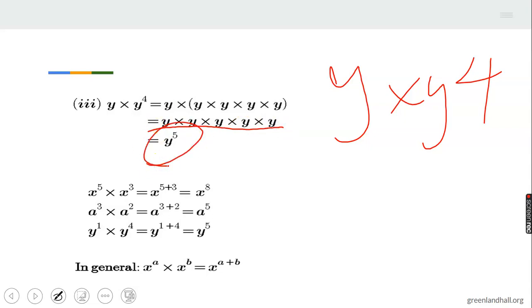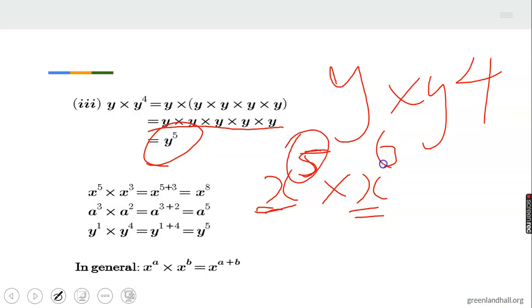But notice that when you multiply 2 indices together, like we are using letters now, the letter is x, and their powers are different.